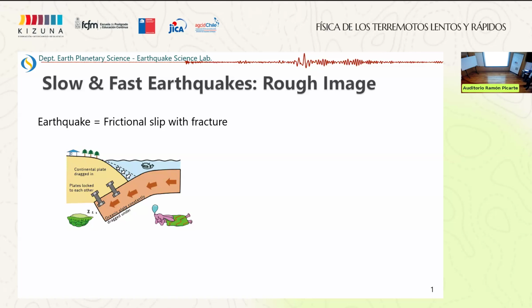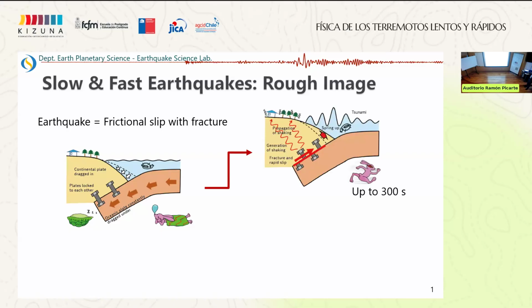One plate is subducting below the other plate, and once the energy accumulation becomes very big, this part of the plate interface breaks and an earthquake occurs. There is slip motion in the plate interface that radiates shaking and sometimes makes a tsunami. But this is what we know about earthquakes.